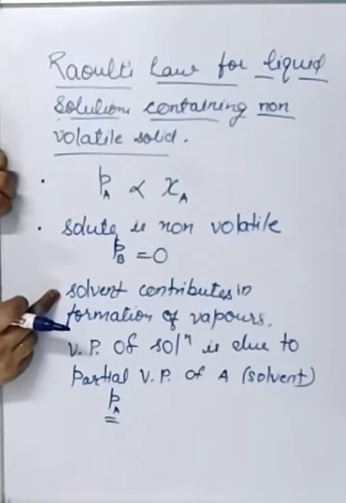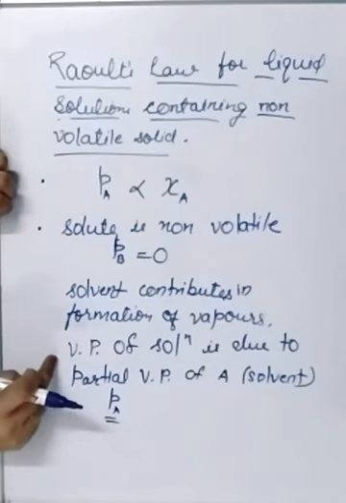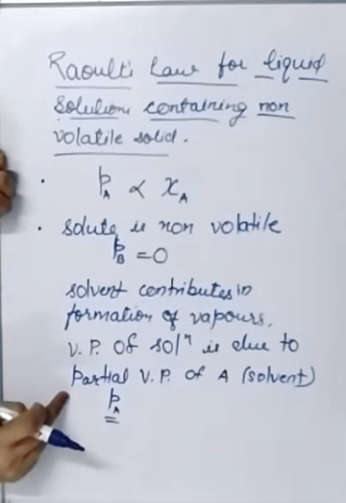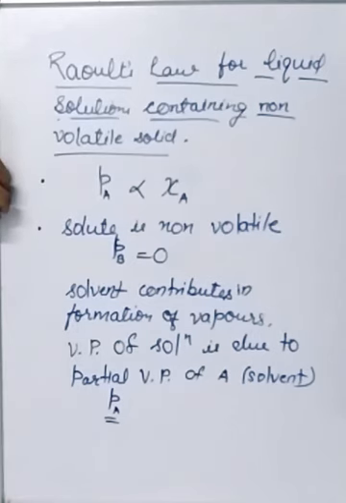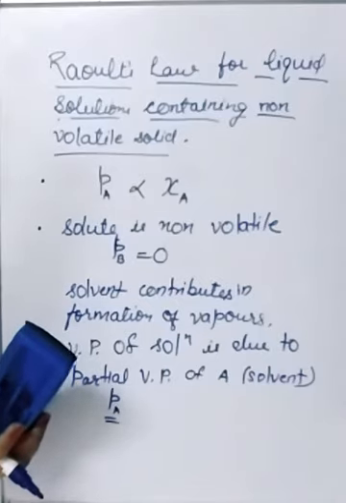So solvent only makes the vapors, and whatever vapor pressure of solution is there, that is because of solvent only. Am I clear? Now we will see further what is according to Raoult's law for liquid solution containing non-volatile solute.